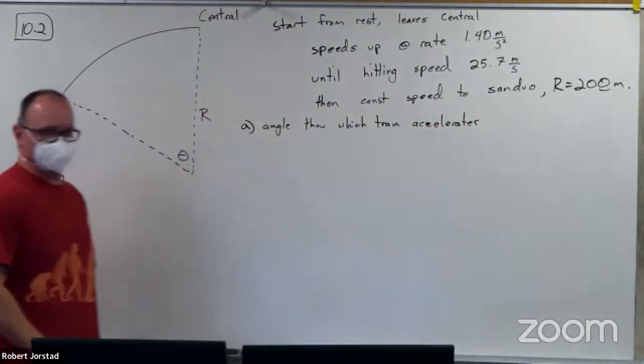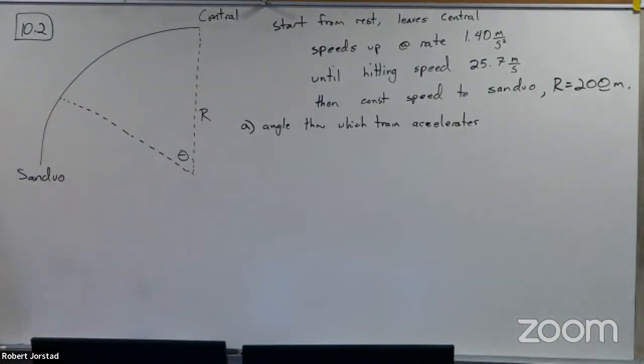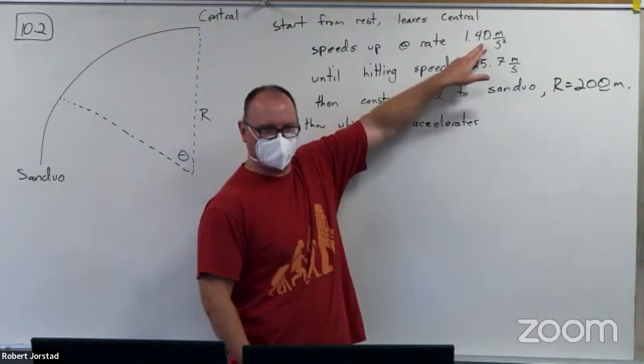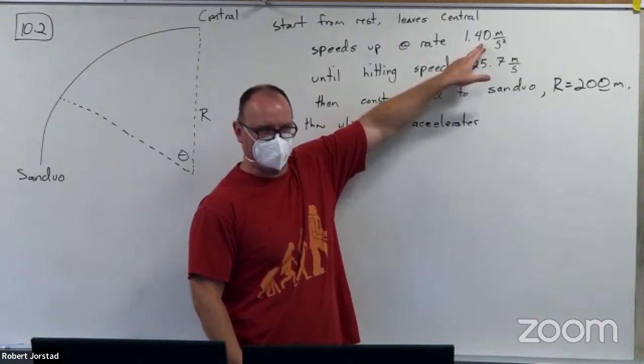We want the angle through which the train accelerates. What's the first step in this type of problem? What was the first thing we did in the last problem? Yeah, so let's identify what these symbols are. What is 1.40 meters per second squared? What acceleration is that?